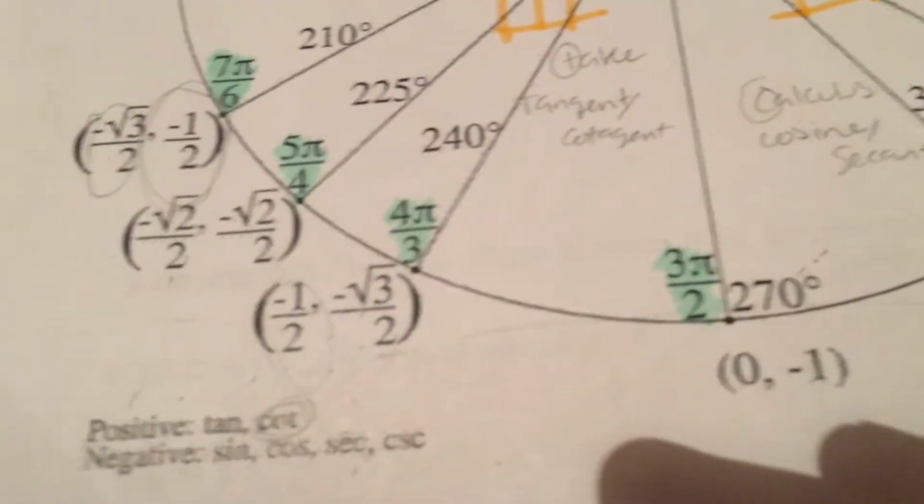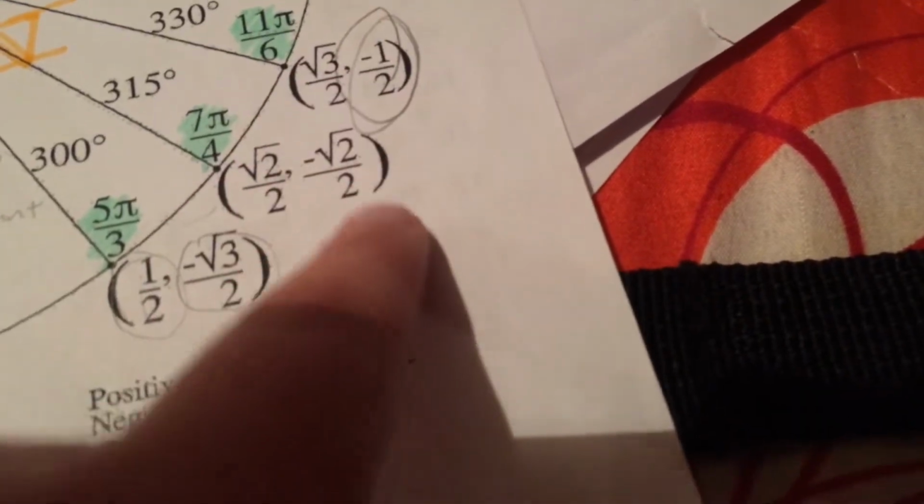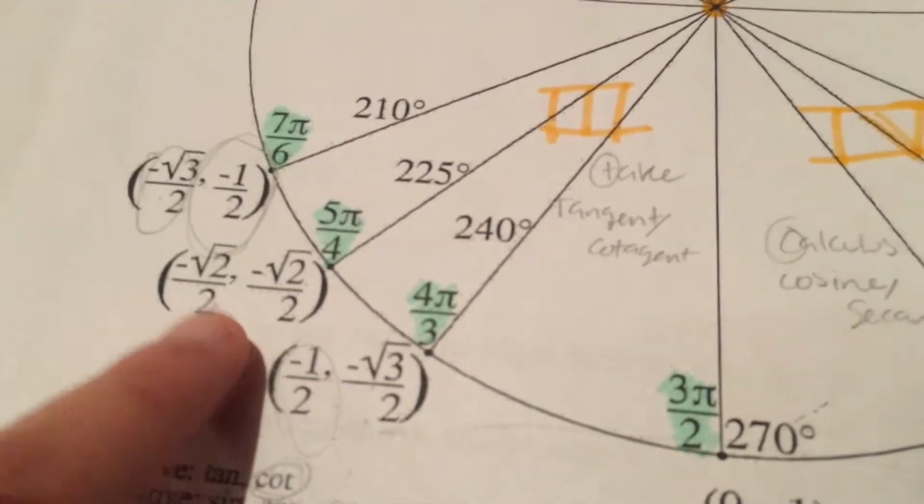This is the cosine side, and this is the sine side. So right here, when you think it is this one, it is not, because this is the sine side. Mostly because of this, where it says cosine theta and sine theta. So the cosine is always on the x side.